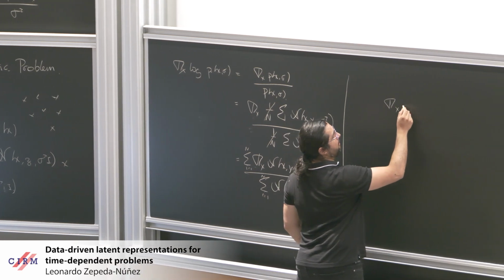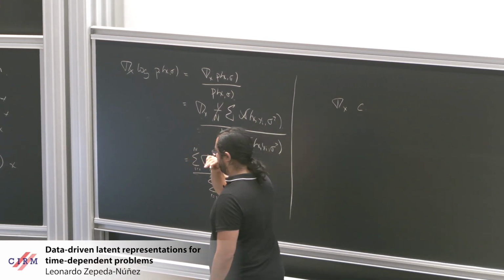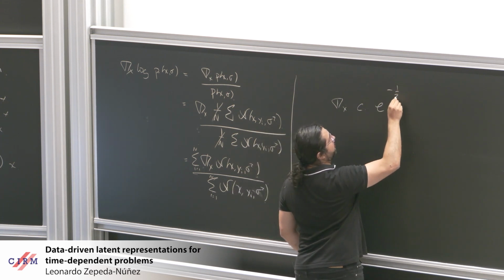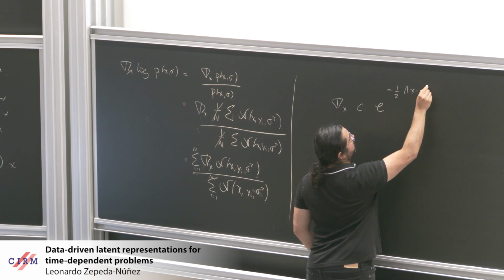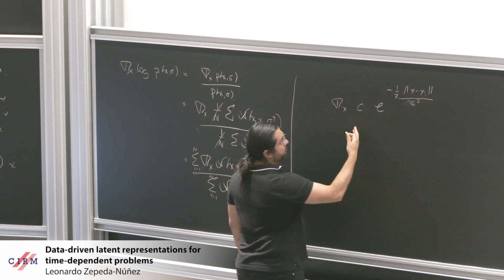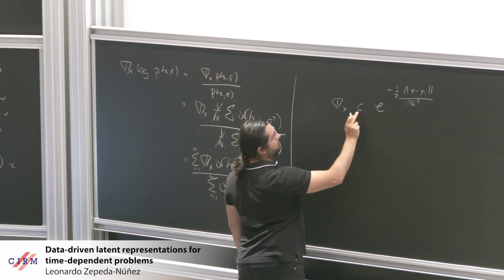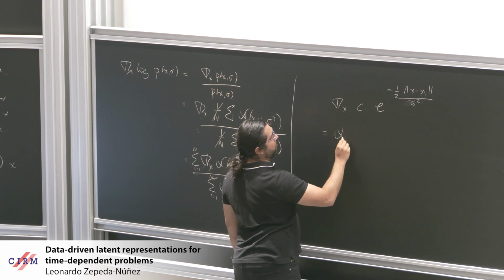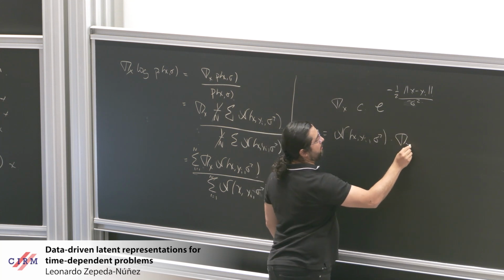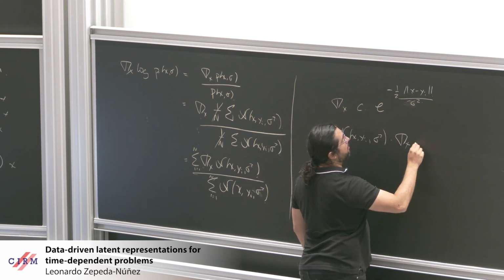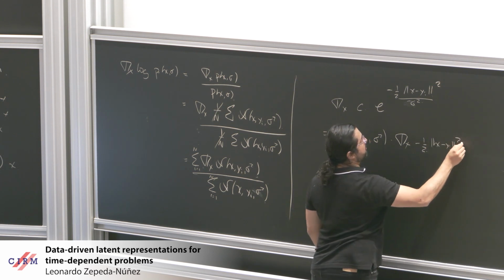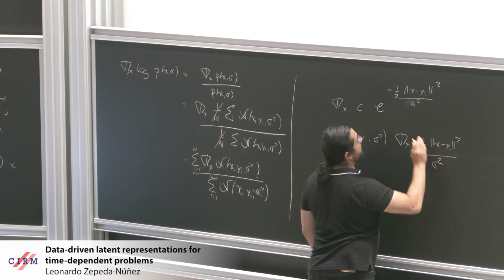You have a constant C that I don't care about, because it's not going to matter. e to the minus 1/2 of x minus yi, divided by sigma square, squared. So you have exactly what you had before: N of x, yi, sigma square, multiplied by the gradient of what is in here, so minus 1/2 of x minus yi, squared, over sigma square.